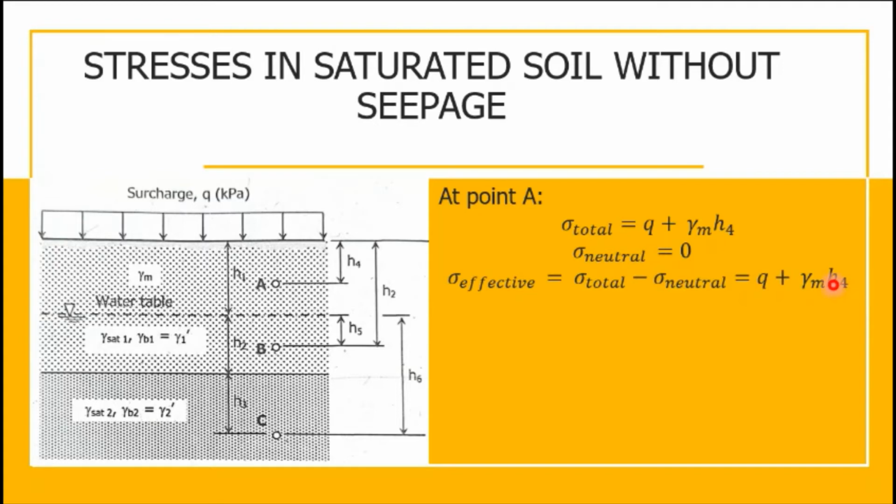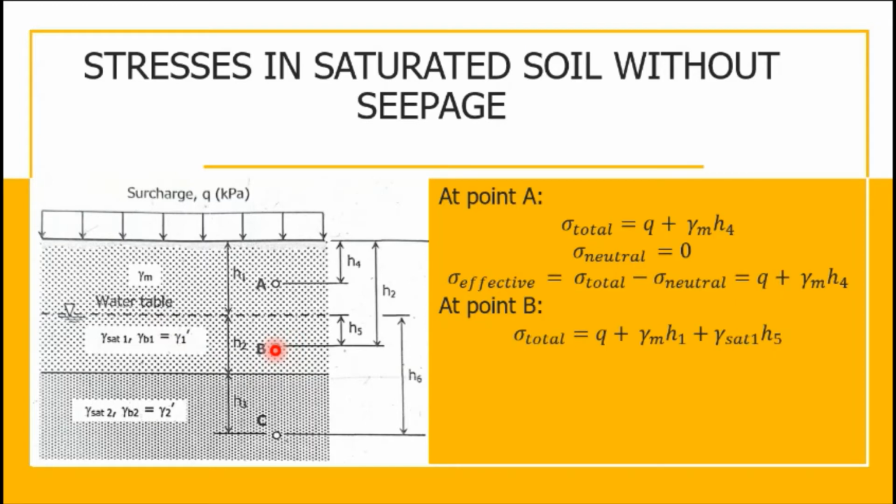So at point B, if we're to get the total stress, this is equal to Q, the stress due to the additional load or surcharge load. And then plus, where is point B located?